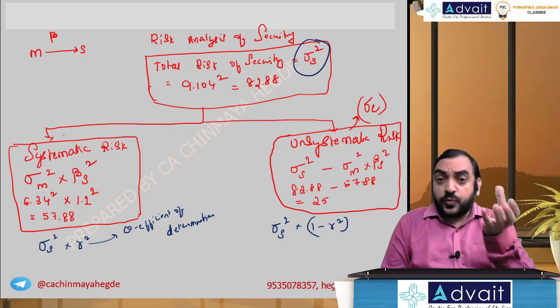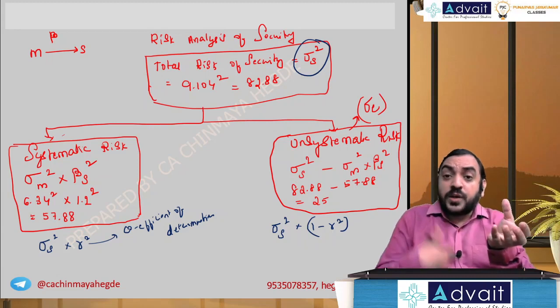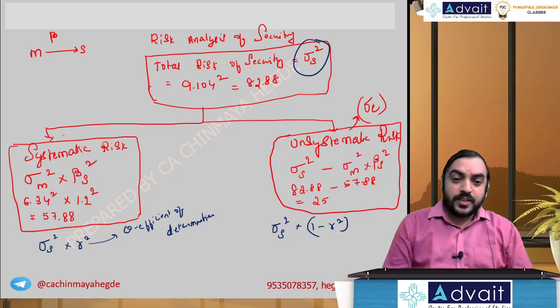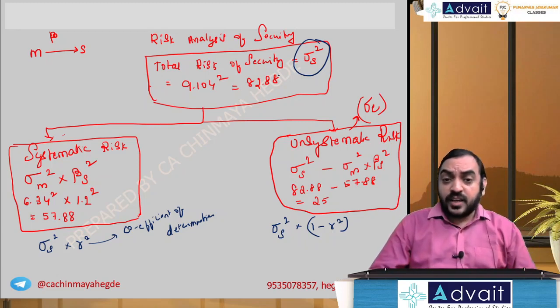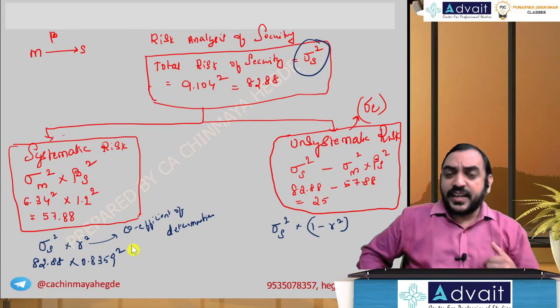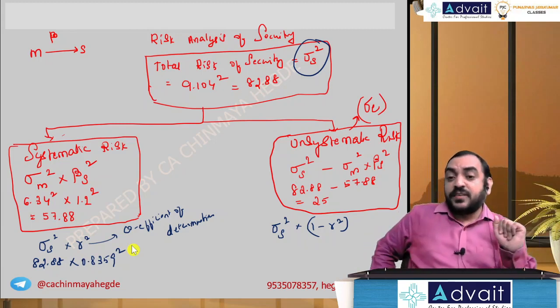So I have the security variance, and what is my accuracy? That much I will multiply. For example, in this case, variance of security is 82.88. And what is R we calculated? 0.8359, please square it. 0.8359 square, how much do you get? 0.6987, around, let's say 69.87 percent.